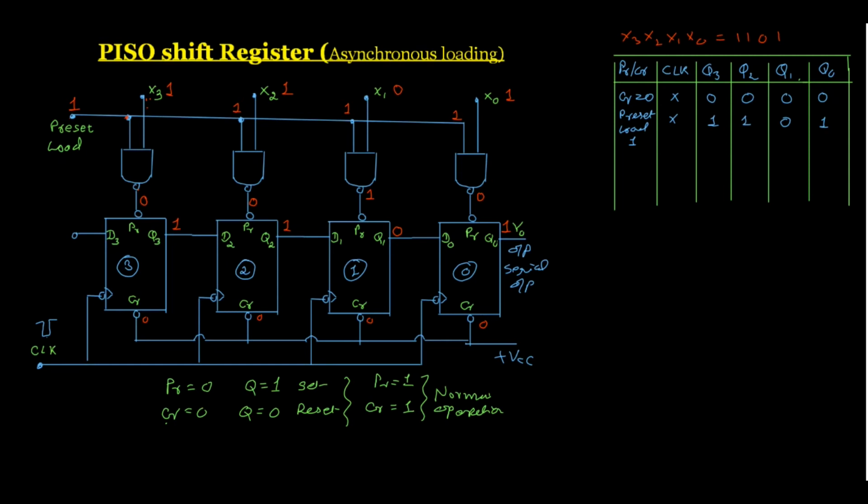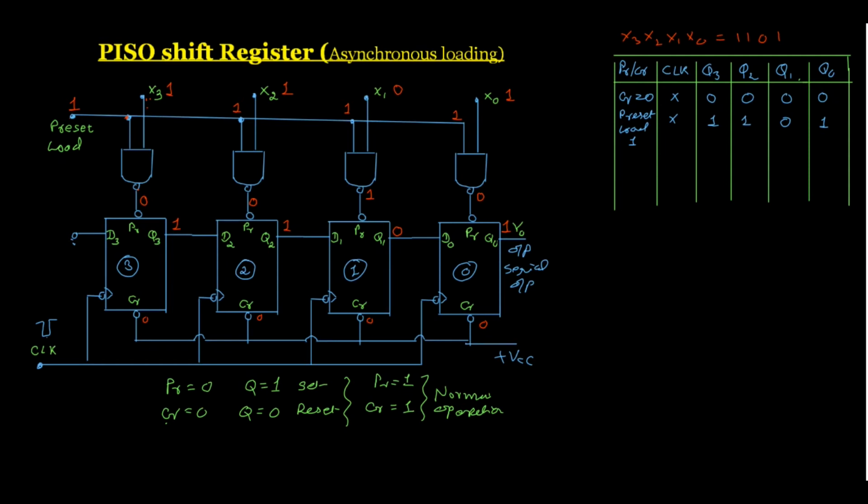So this negative edge is given to all the flip-flops simultaneously. Now in this case, whatever the inputs are there, they will be transferred to the output. Here, if you see, we have not given any input to this D3. Means you can consider this as a 0.